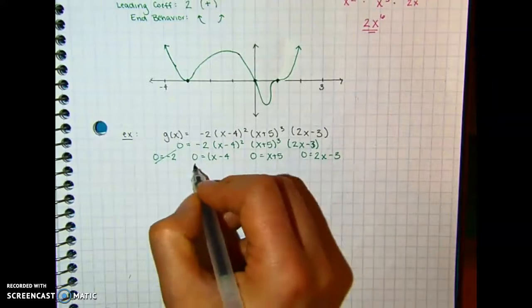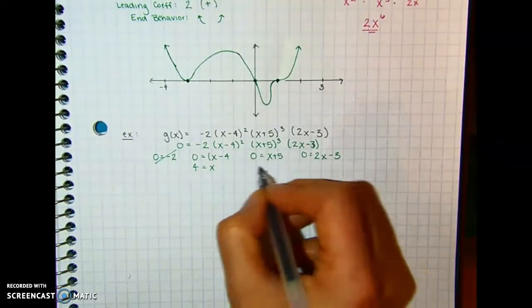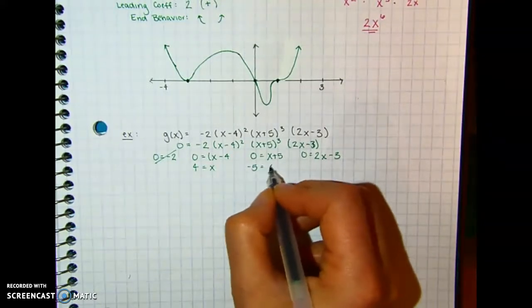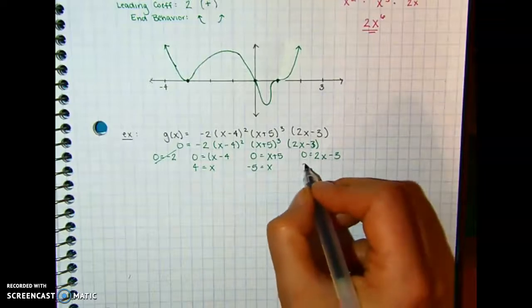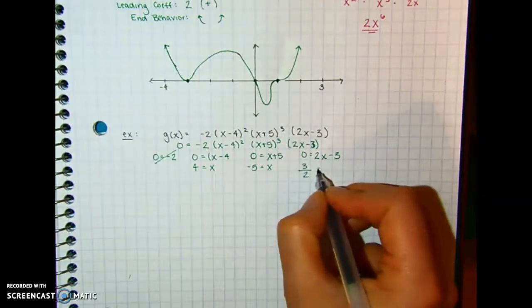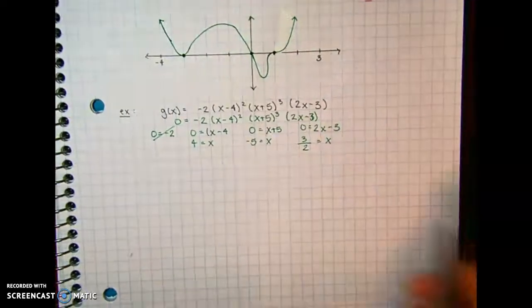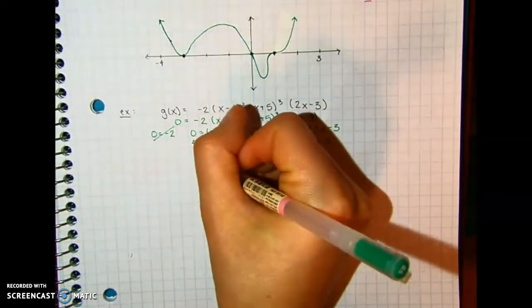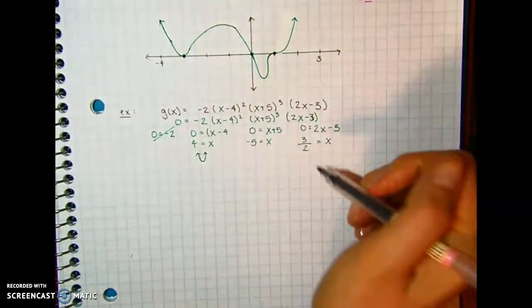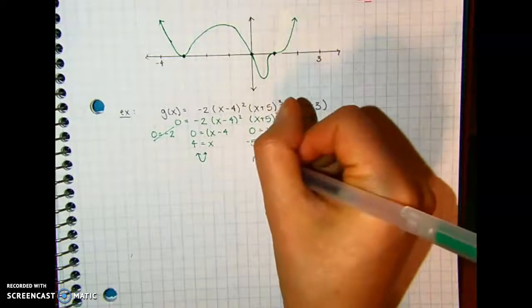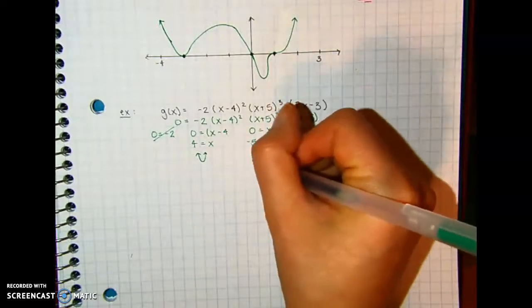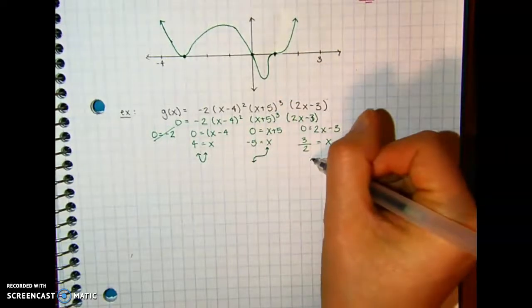So x will equal 4, negative 5, and positive 3 halves. How does it intersect the graph? So because this is even, it's going to bounce off. This is odd, so it flattens out. And this is 1, so it goes straight through.